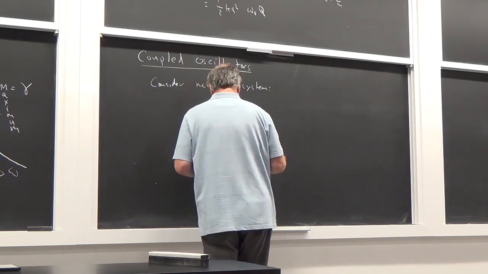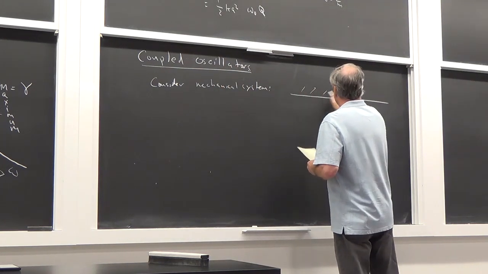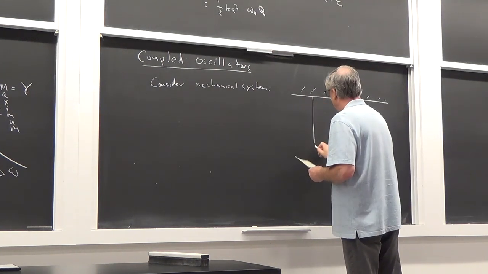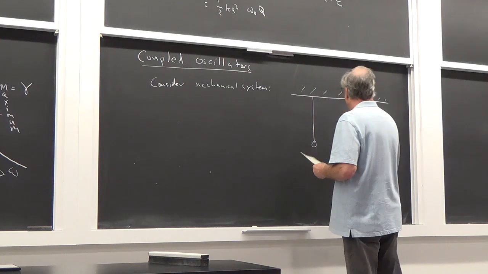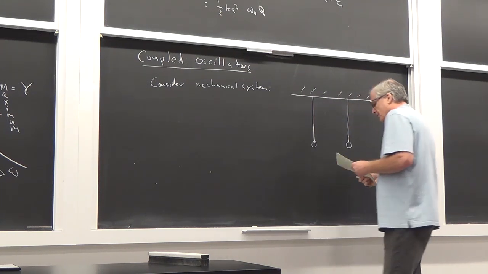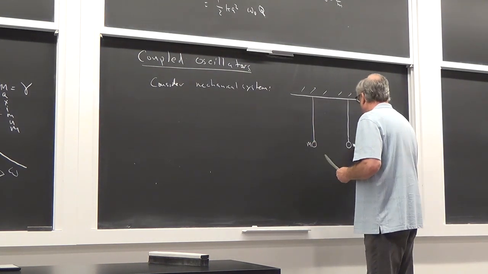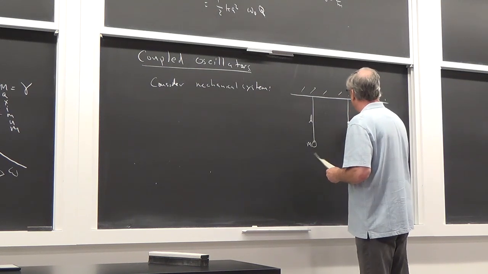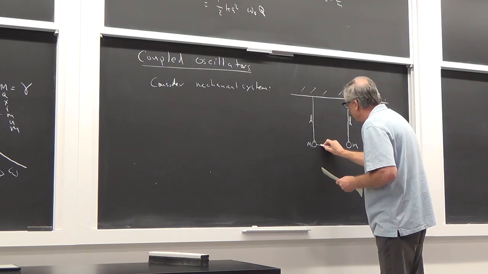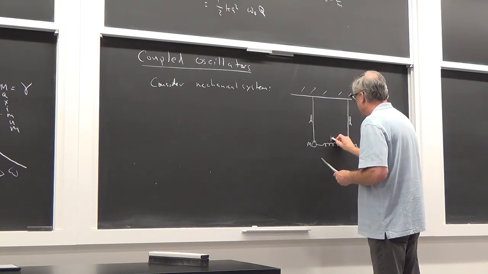It'd be a little bit like my tennis balls, except not quite the same. I'm going to have two pendulums, mass M, length L, and I'm going to put a spring between them with spring constant K.